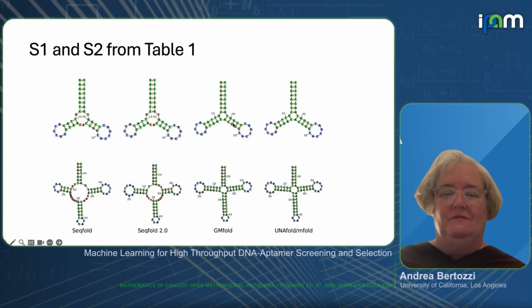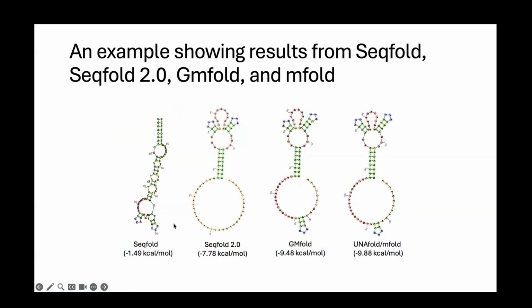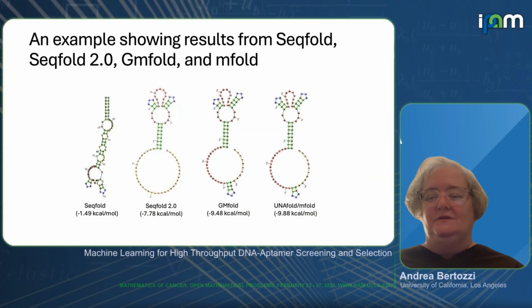So there are a few subtleties in how you do this, but nevertheless, here's a tough one. This is one where SecFold just completely messes up. SecFold 2 actually gets much closer to the right answer, well, depends on what you call right. Let me just say that M-fold is the gold standard, but we still don't know if it's ground truth.